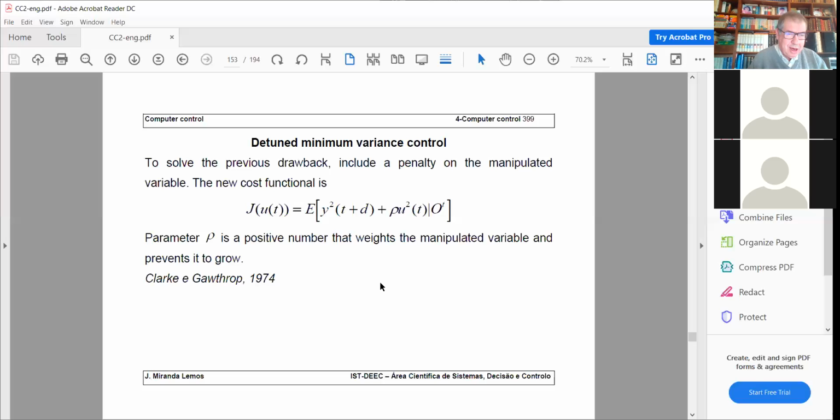Maybe you say, but why have all this trouble and not just use the beautiful formulas for LQ control? Well, when you formulate your controller as the minimization of a cost that you are explicitly minimizing, then you can start imposing a number of constraints. For instance, the rate of change of temperature must be smaller than something, or the manipulated variable must be smaller than something. Okay, so you can add constraints. With the formulas for LQ control, you cannot do this.